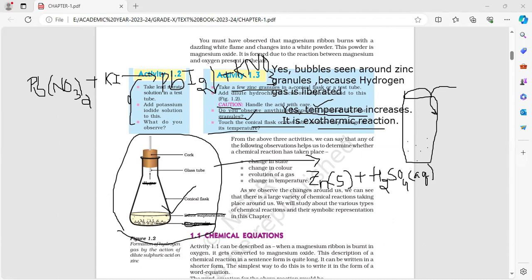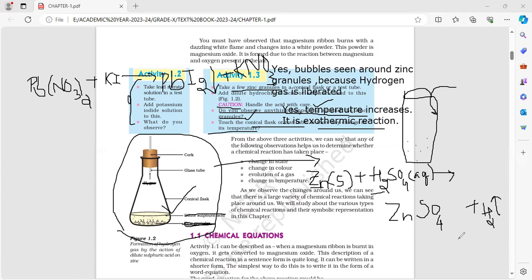Okay. So what happens? You will get zinc sulfate salt. And hydrogen gas is liberated, so first you write plus H2. And this is gas, right? So gas means arrow up, precipitate down. So hydrogen I have written, and what is remaining? Remaining zinc, Zn and SO4. So I'll write Z capital, N small, S capital, O capital, and 4.